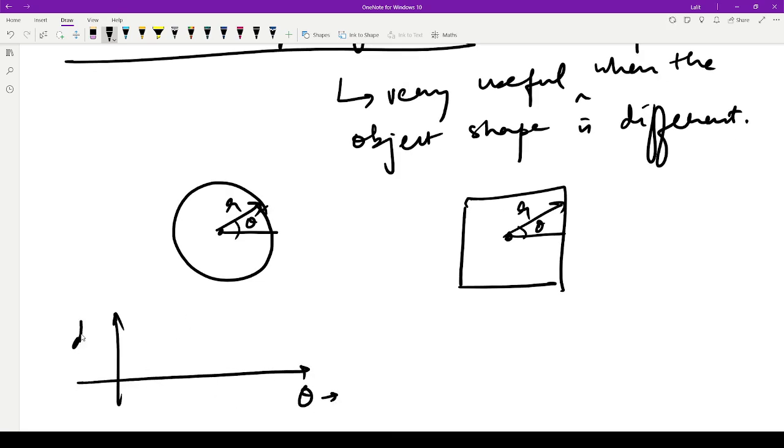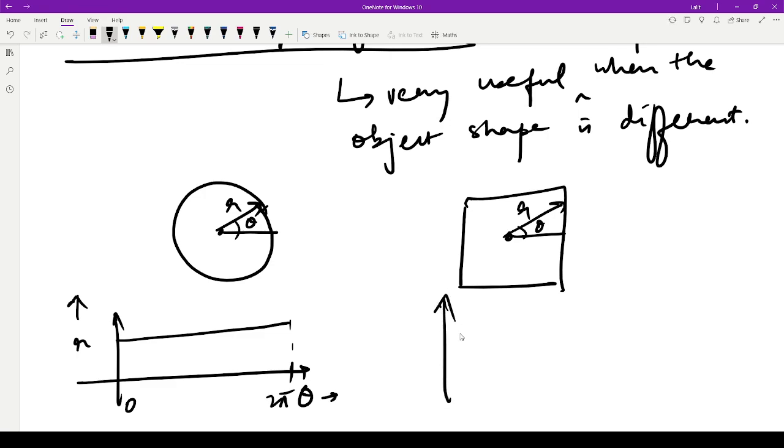For this case, R is the distance. We can see that the distance is constant with respect to the angle, and we generally check it between 0 to 2 pi radians.